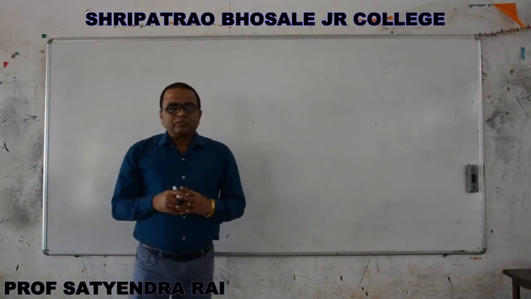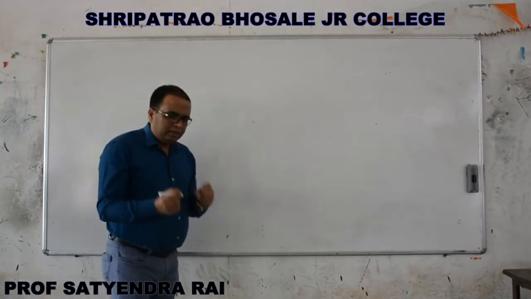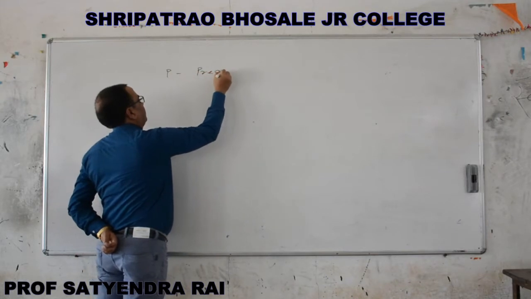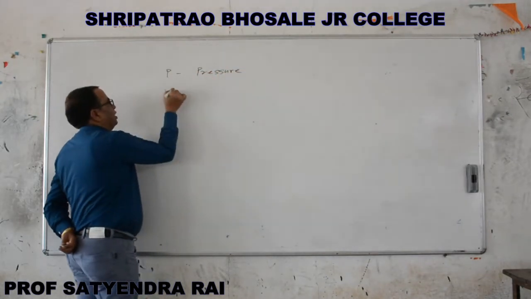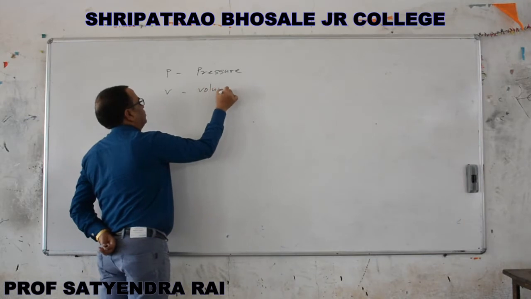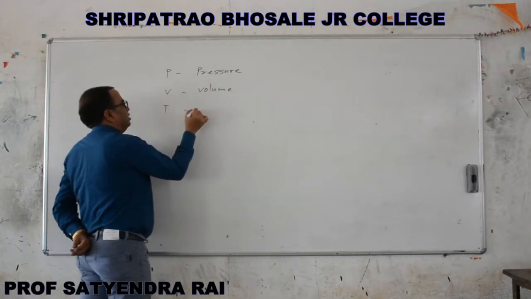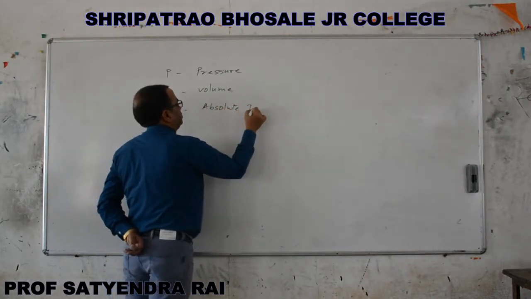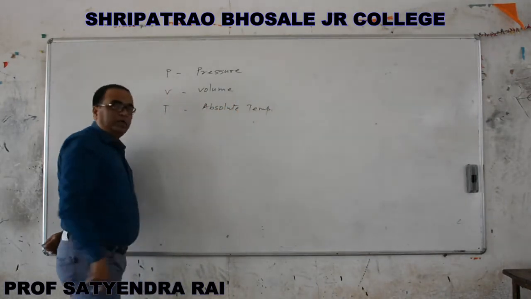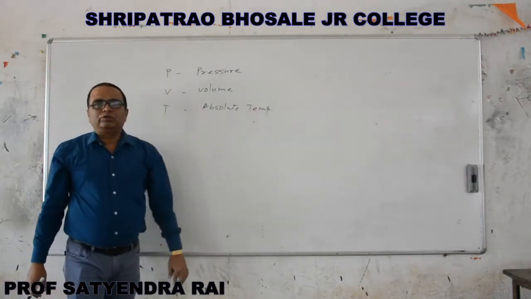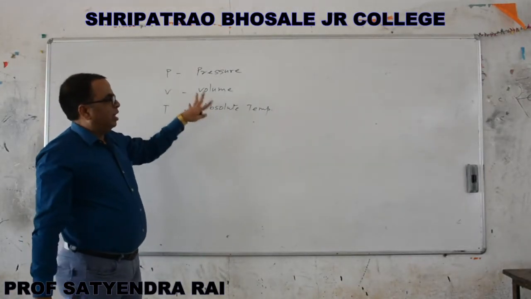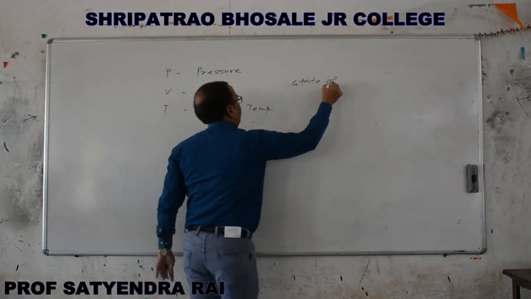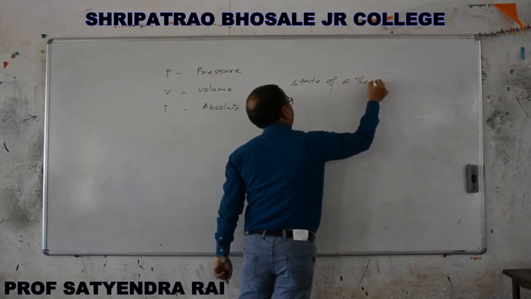We made it clear. This time, since we have learned that P, that is pressure, V, that is volume, and T, that is absolute temperature, temperature in the absolute scale, these three physical quantities together are used to define the state of a thermodynamic system.